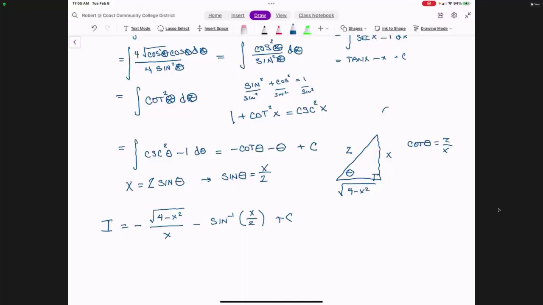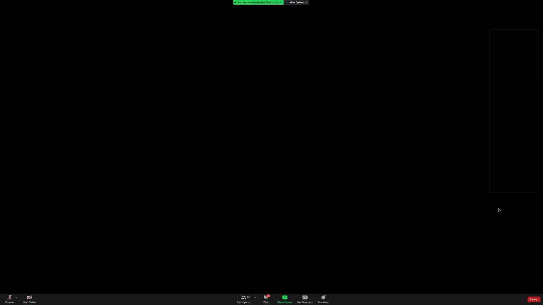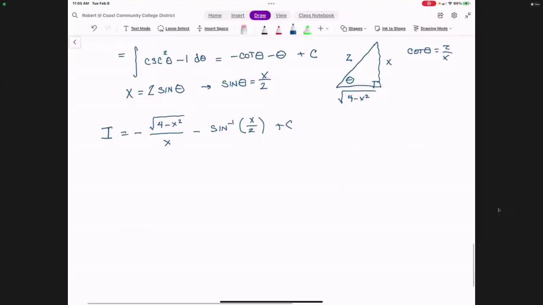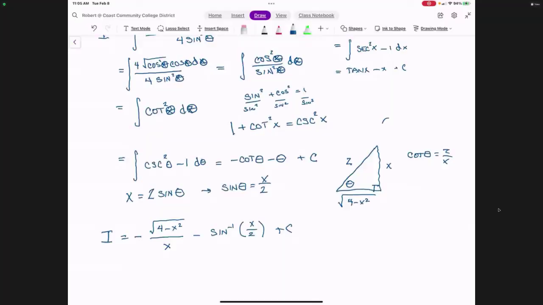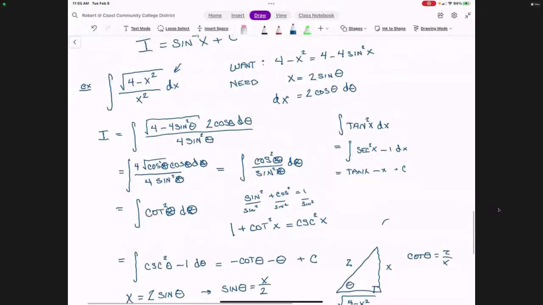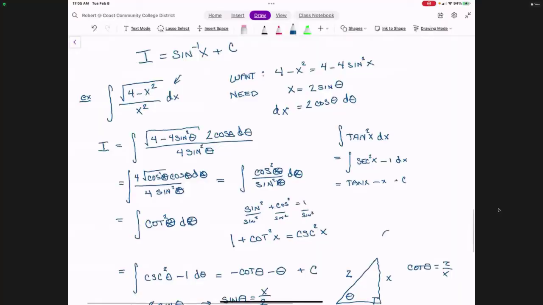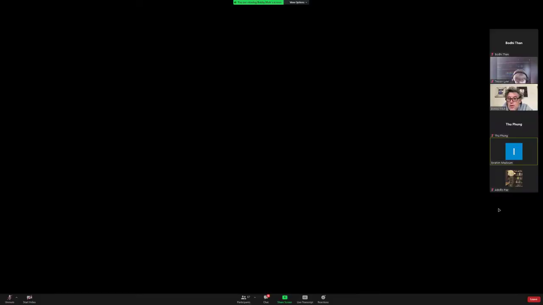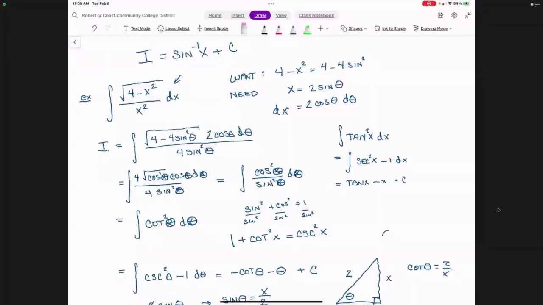Okay. All right. Let's try something of a slightly different flavor here. I have a question. So I have 2 questions. My first question is, can you scroll up just a little bit? Based on what did you decide that you want 4 minus 4 sine squared of x?